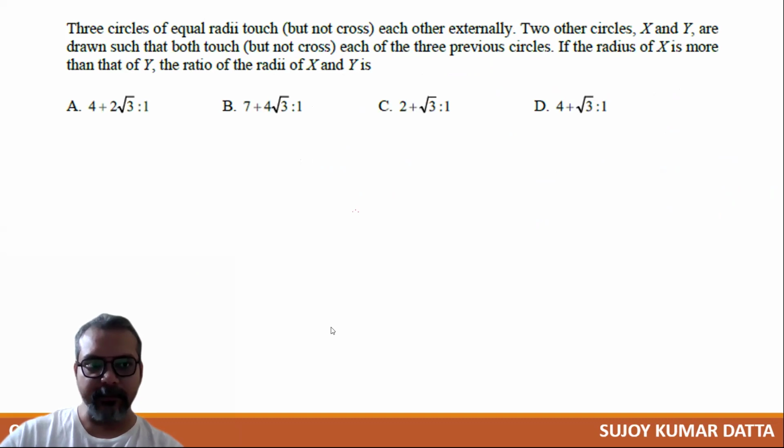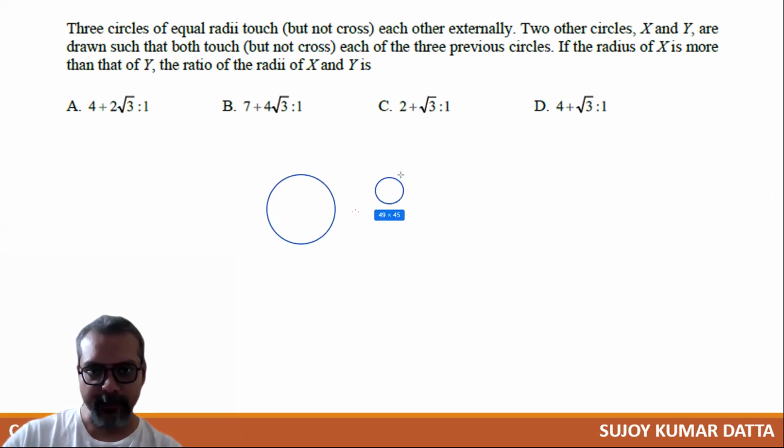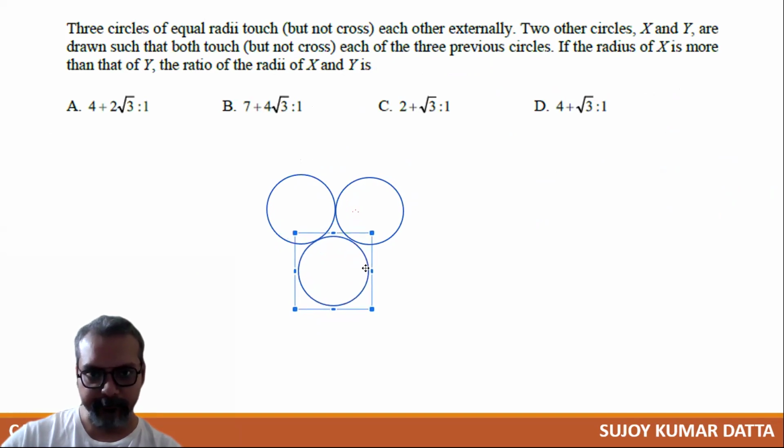So three circles touch each other, and then we have two other circles touching each of those circles. So let us draw that. So let us say these are the three circles which touch each other.